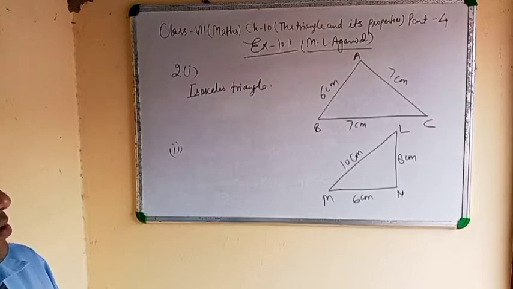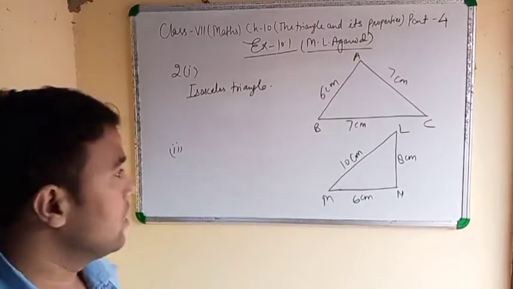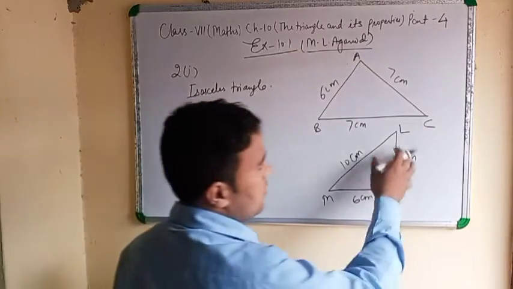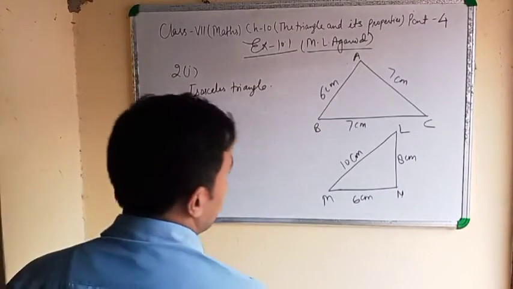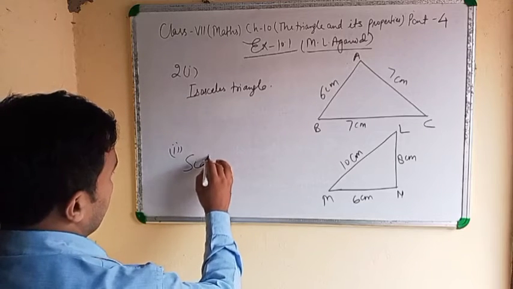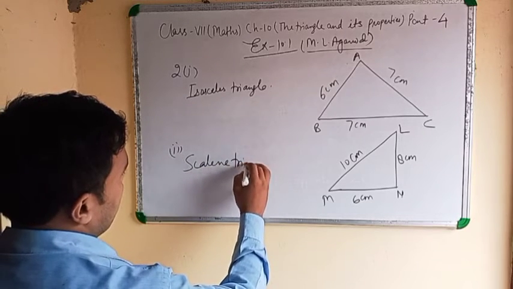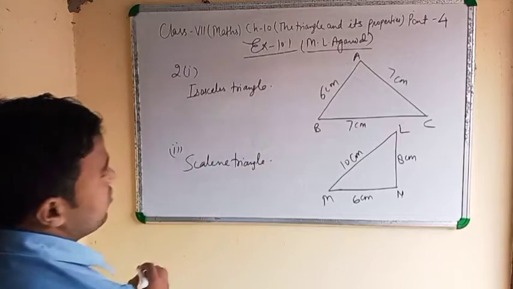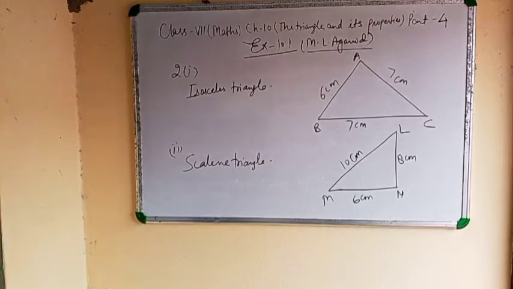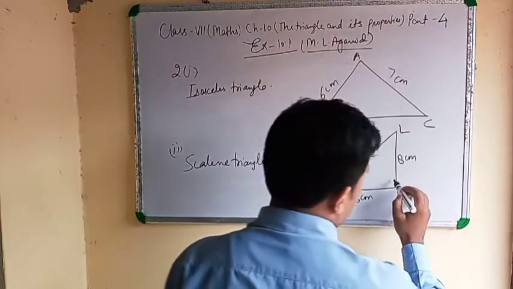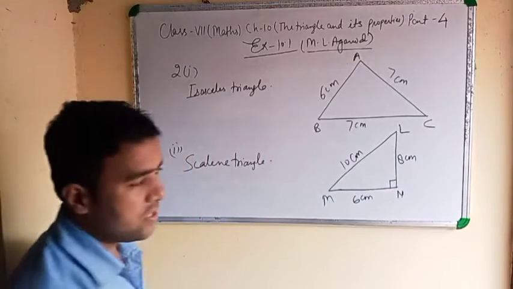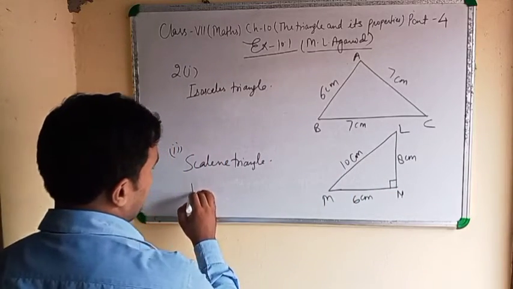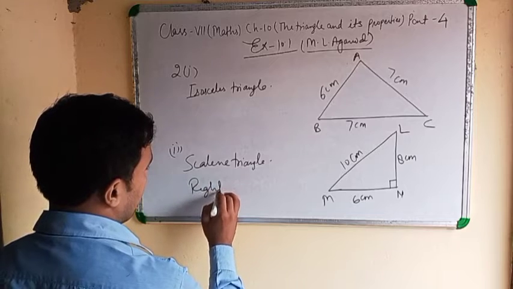So on the basis of sides, if you see this, it is a scalene triangle. Scalene triangle means if no side is equal, that is scalene. But if on the basis of angle you see this figure, it is a right angle triangle.